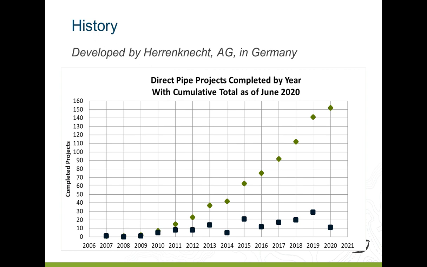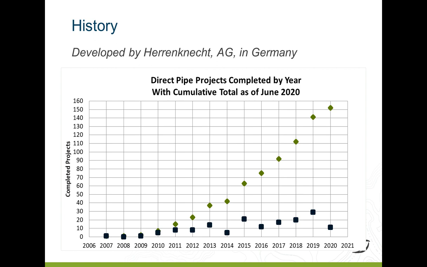So looking at the history of the technology, as we said, it was developed in the early 2000s in Germany by Herrenknecht. We had our first installation, Jim mentioned, in 2007, and the technology has picked up incrementally through the years, with the year of the installation on the x-axis and the number of completed projects on the y-axis.